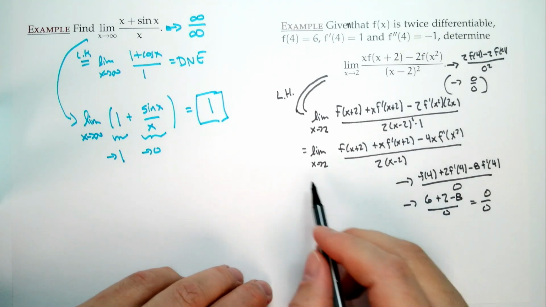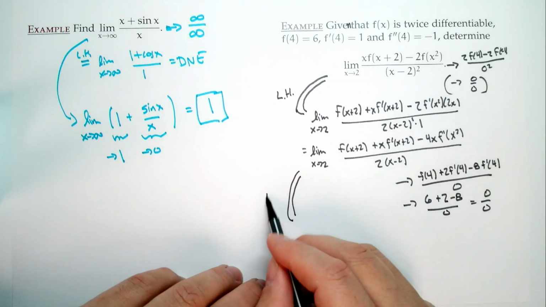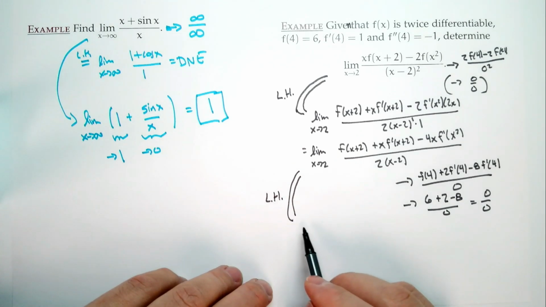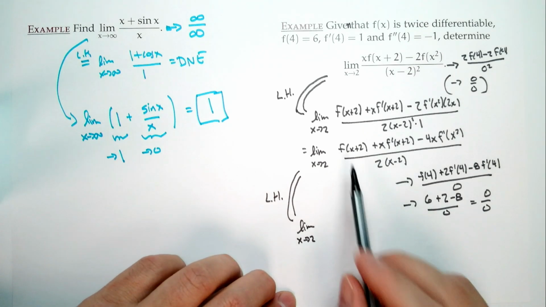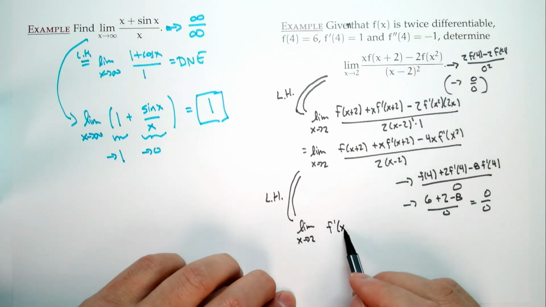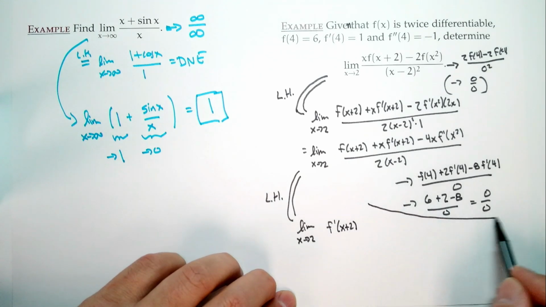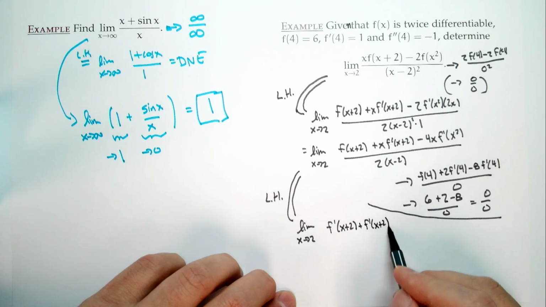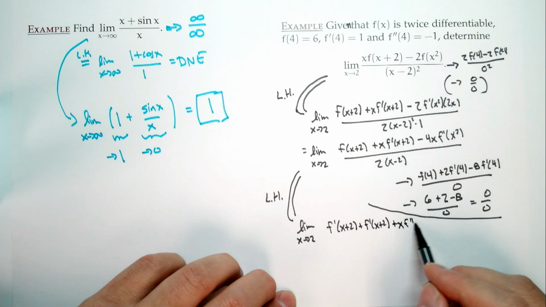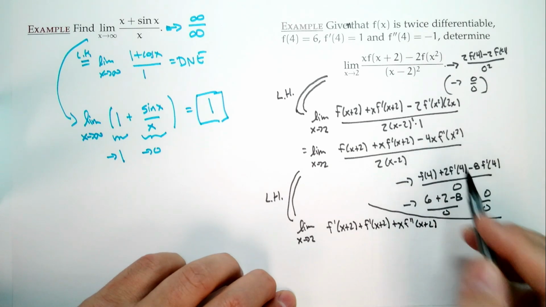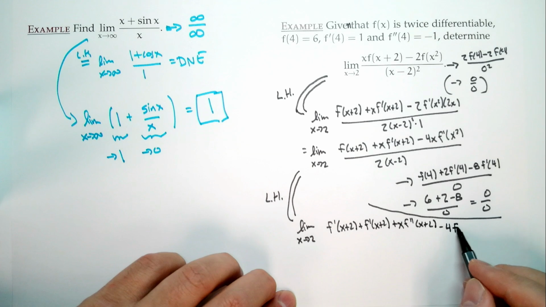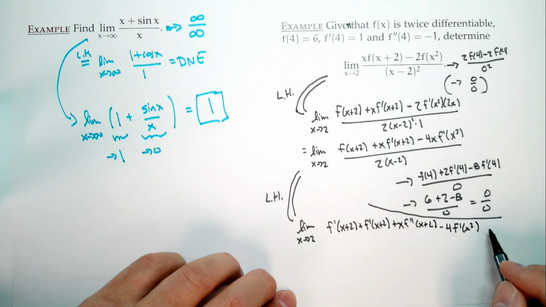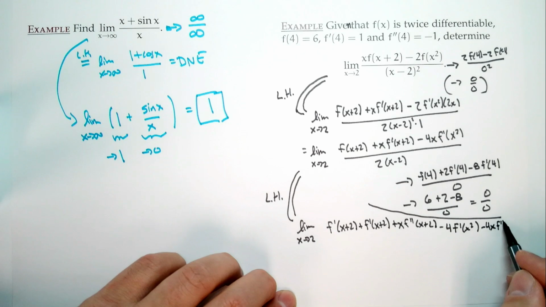Good. So we can apply L'Hopital again. This becomes a limit as x goes to 2. Well, what happens upstairs? F prime of x plus 2, so let's separate here, plus f prime of x plus 2 plus x f double prime of x plus 2 minus 4 f prime of x squared, and then minus 4x f double prime of x squared times 2x.